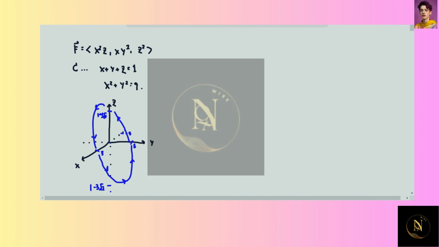Because it asks us to do the visualization, I want to go through that a little bit first. Imagine that x squared plus y squared equals 9 is this cylinder that looks like this. We know that the radius is equal to 3, and the center passes through the z-axis.